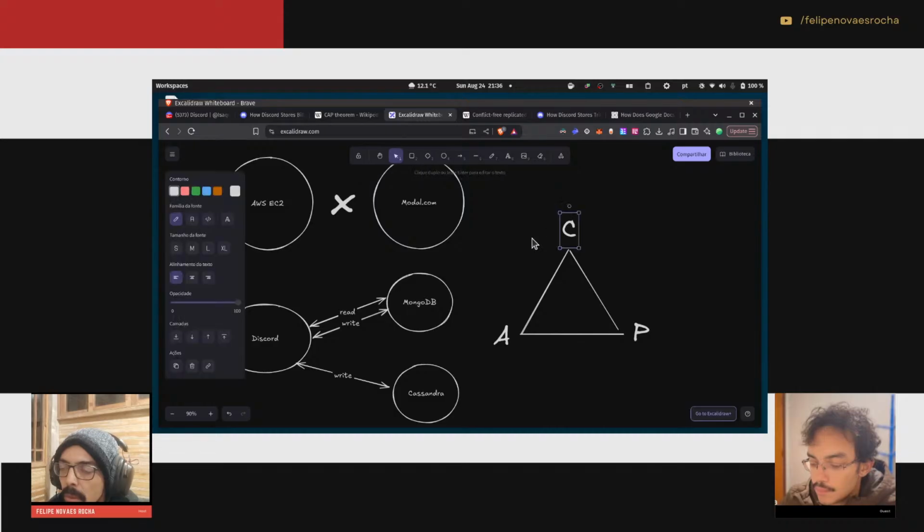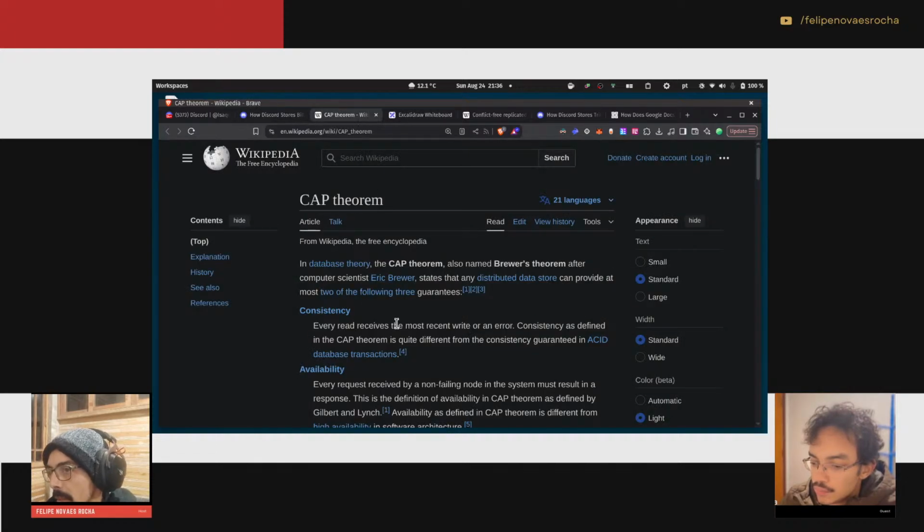If you have a database to keep consistency and availability, you're gonna lose partition tolerance. So let's understand what it is.